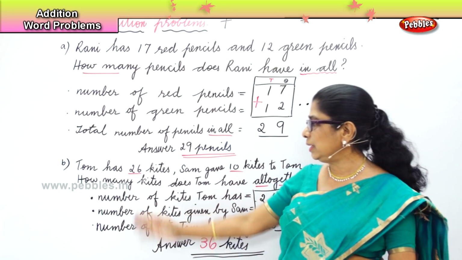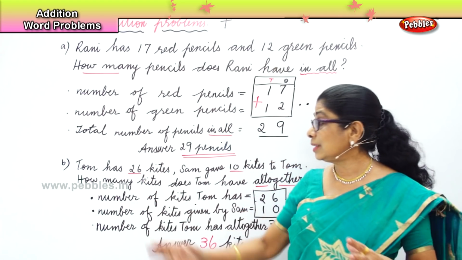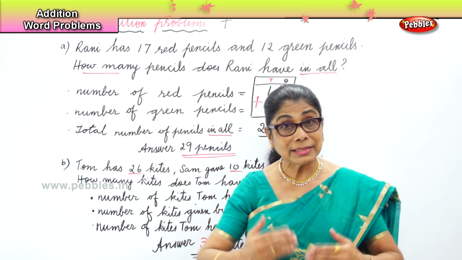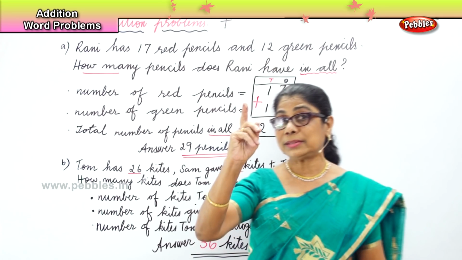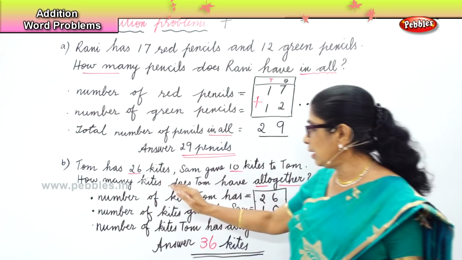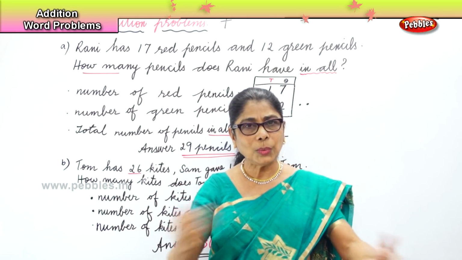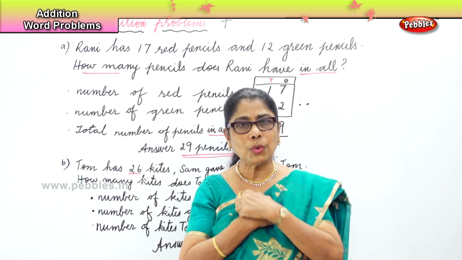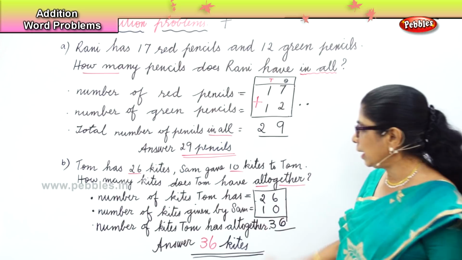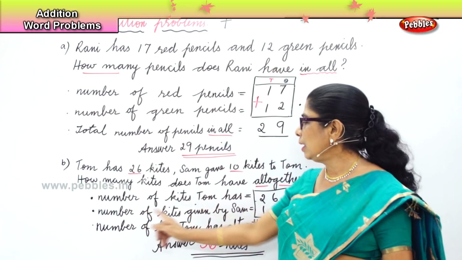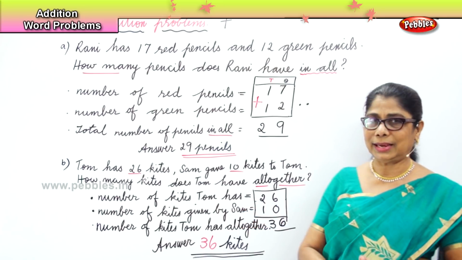The next story is Tom. Tom has 26 kites, and his friend Sam gives him another 10. The question here is, how many kites does Tom have altogether? He has 26, and Sam gives him some more. Now he's counting how many altogether. So first statement, number of kites Tom has, 26.